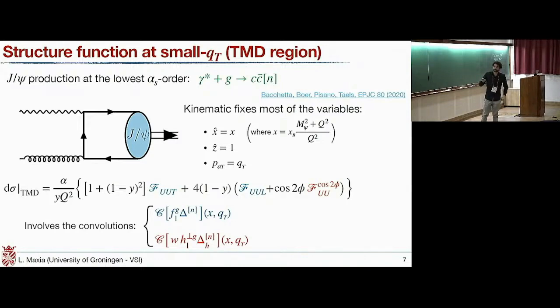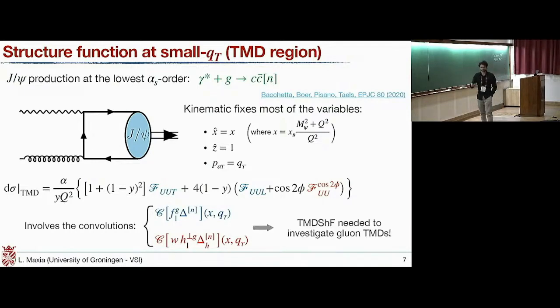If you look at the cross-section, from the 4 structure functions that you have at the beginning, only 3 of them survive. So we have the FUT, FUL, and the cos 2phi asymmetry, where the first 2 involve the convolution between the unpolarized gluon TMD and the TMD shape function, while the latter involves the Boer-Mulders function and, again, the TMD shape function.